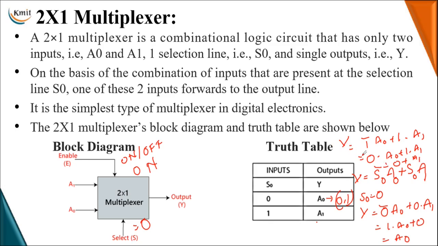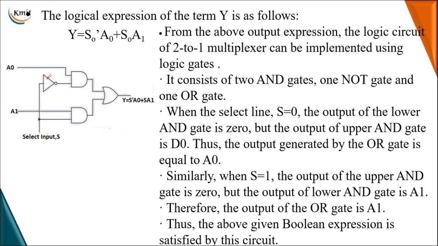So Y is equal to A1 if S0 is equal to 1. Like this, based on the selection input combination, one of the inputs is transferred to the single output terminal. So our output Boolean expression is S0 bar into A0 plus S0 into A1.